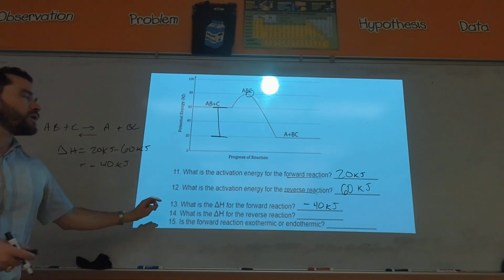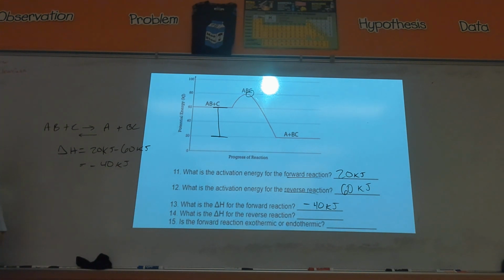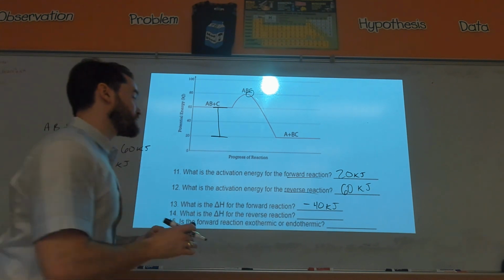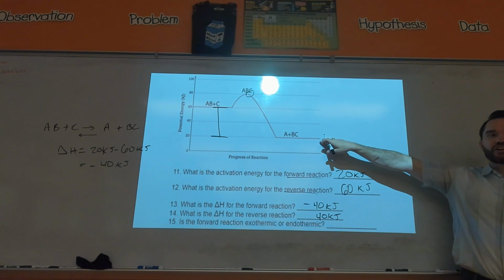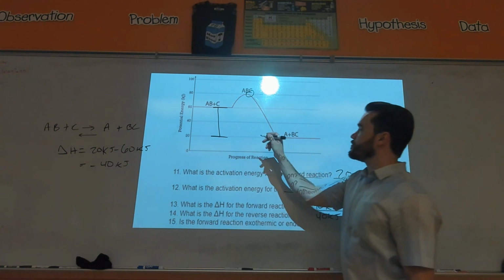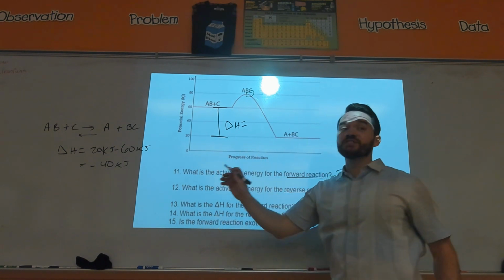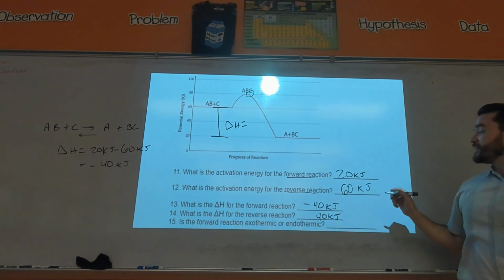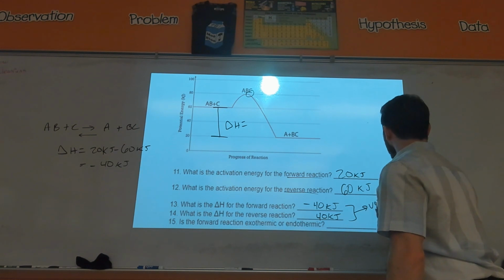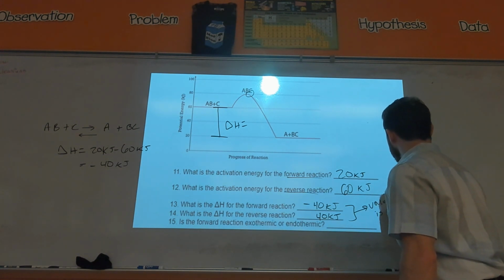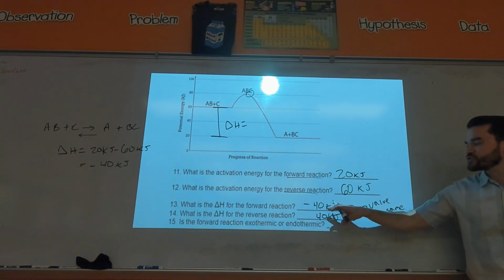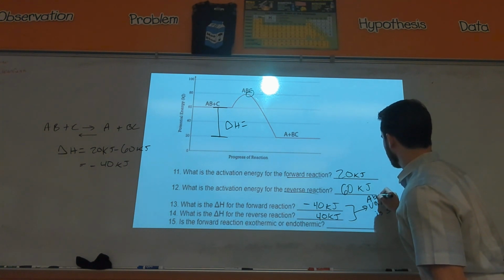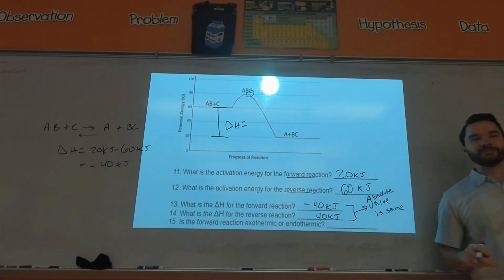Now this is interesting. What is the delta H for the reverse reaction? Positive 40. Good, yeah. Because now you're going reverse. Now you're starting here. So notice this. This is actually really important. Delta H for a reaction, whether you're going forward or reverse, the value is the same. When I say value, I mean the actual number, the absolute value, the mathy way of putting it.